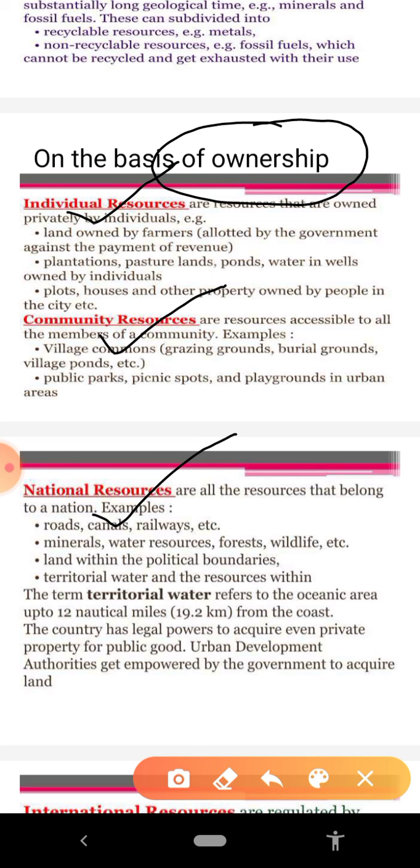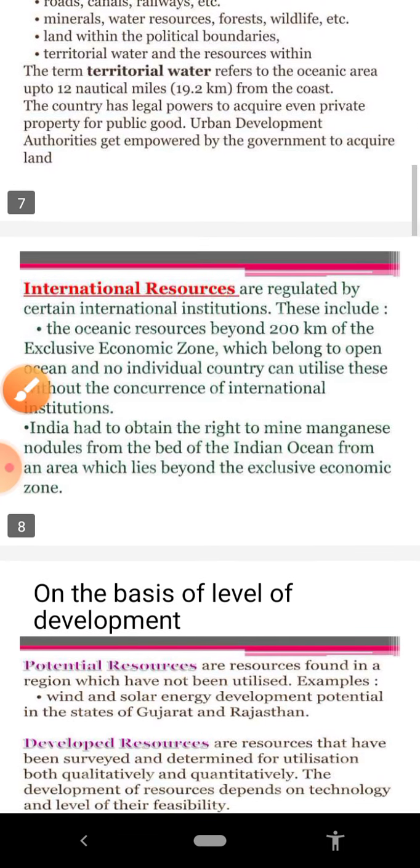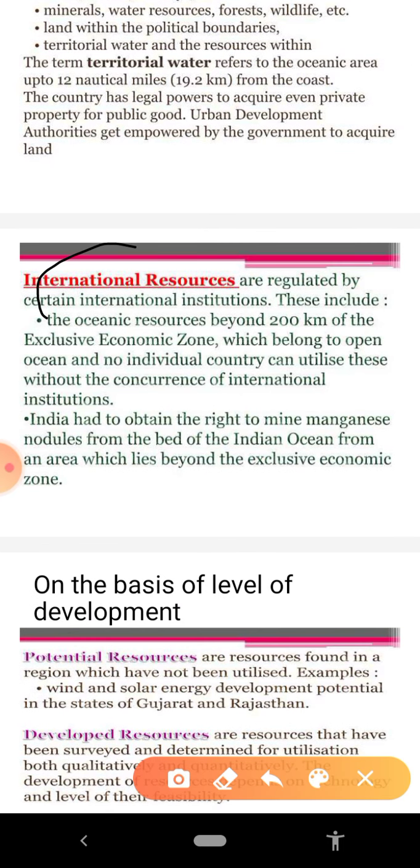Now, international resources. With regard to international resources, these resources are owned and regulated by international institutions. The oceanic resources beyond 200 kilometers of the exclusive economic zone belong to the open ocean.